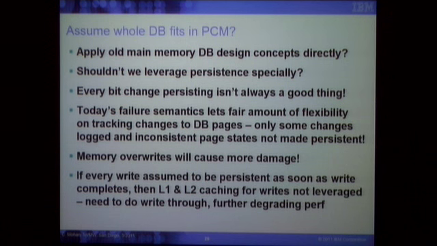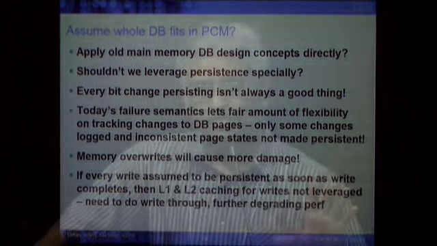People also think shadow paging solves all the world's problems. That's not true. Sometimes the way shadow paging is done, people are only supporting either a commit or an abort and no partial rollback. As long as you have to do partial rollback, you are back into having to have some form of log. And the other problem that people don't always pay attention to is dealing with failures where even the memory gets completely wiped out, because something falls on it and it breaks, or the whole building collapses.